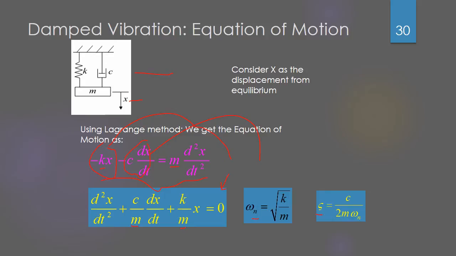Then we bring this part and this part to the other side of the equal sign. Then what we get is this equation.